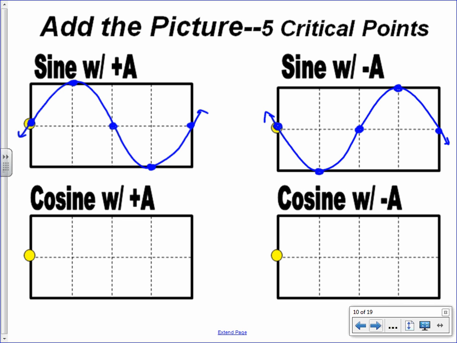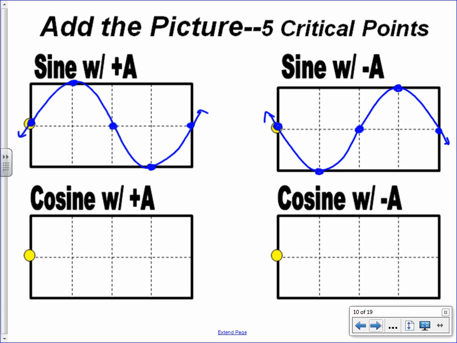Now our cosine graph does not start on the starting point. What does our cosine graph look like? It starts up at 1 and then it's kind of like a big valley, if you will. Our cosine graph will always start in a corner.